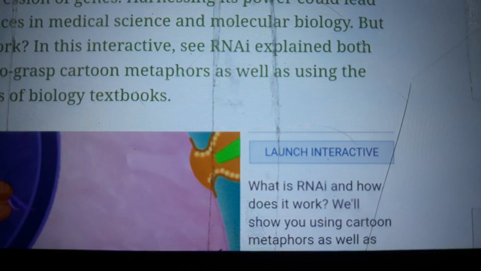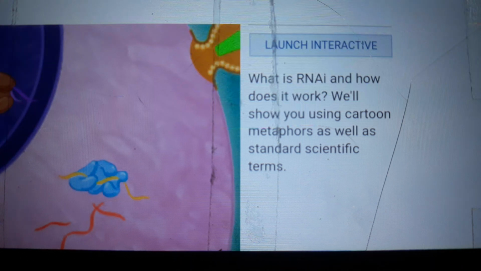RNAi, for short, is a remarkable way to shut down the expression of genes. Harnessing its power could lead to great advances in medical science and molecular biology. But how does it work? In this interactive, RNAi is explained both through easy-to-grasp cartoon metaphors as well as using the standard terms of biology textbooks.